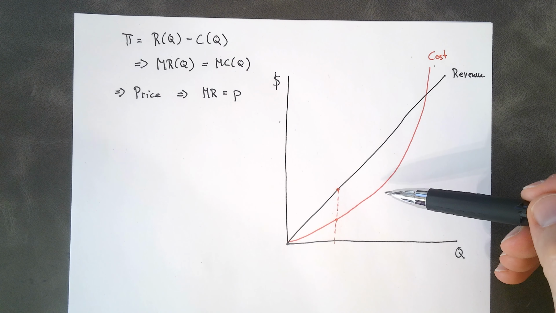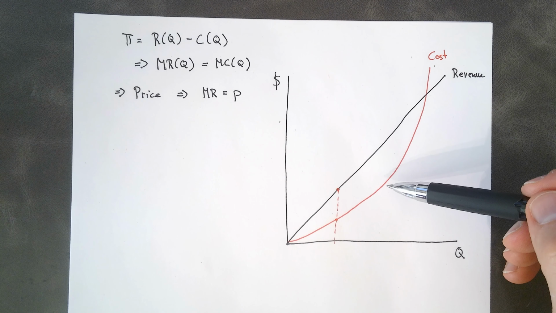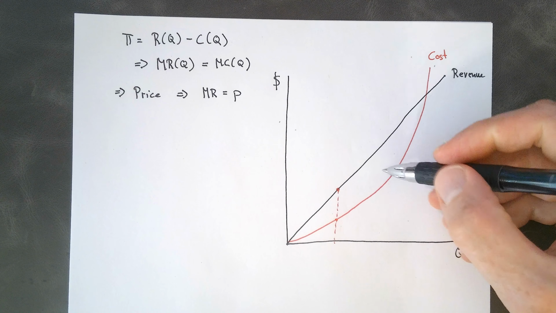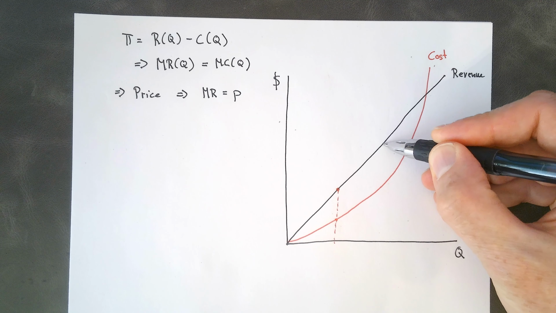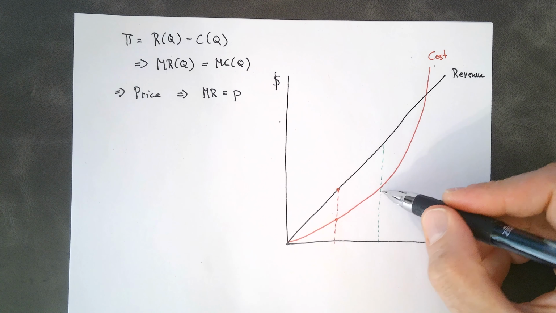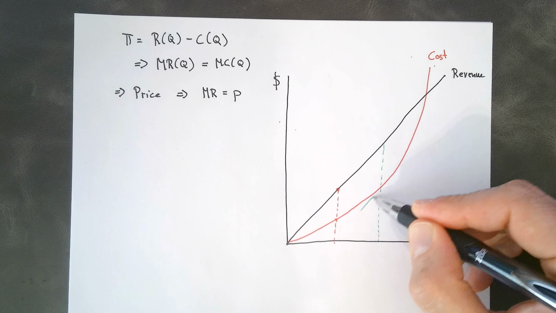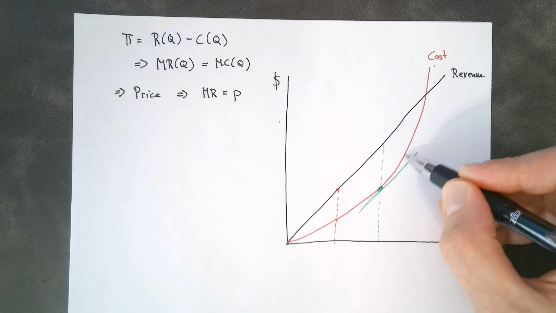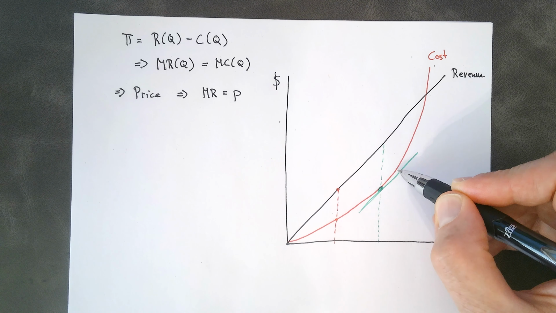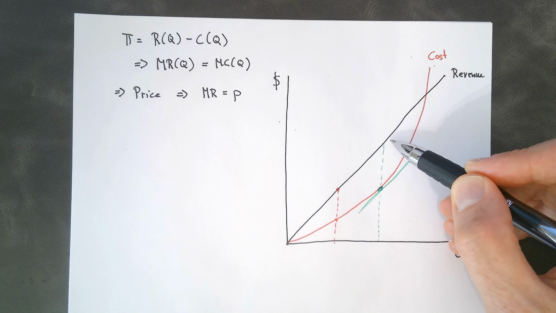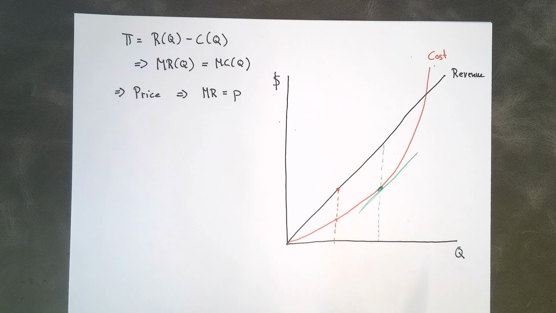This represents the maximum profit, and you will see that it is approximately at this point here. Note what this point has in common is that the slope of the cost, the marginal cost, is equal to the slope of the revenue, or the marginal revenue. So this is another way of looking at profit maximization.